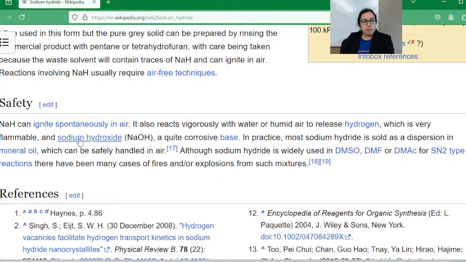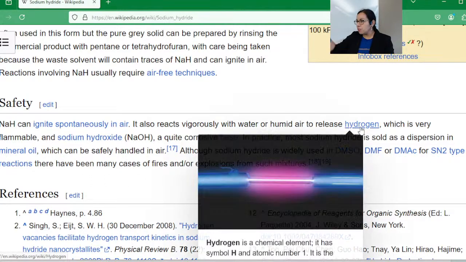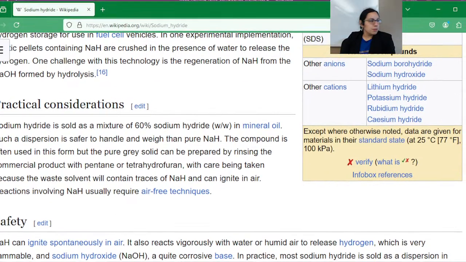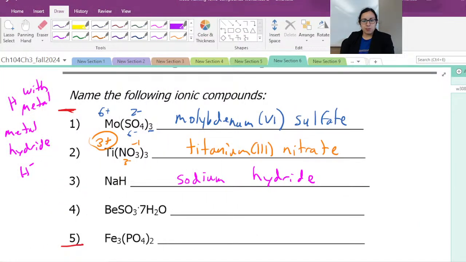And so then it makes sodium hydroxide, of course, after it reacts with water. And then it releases hydrogen. And so that hydrogen released is actually what makes sodium hydride fires or any sort of metal hydride fires dangerous. So again, going back to the hydrogen storage. If it's reacting and on fire, then you have the extra hazard of hydrogen being released, so that can cause more little mini explosions. So that was just a fun fact of sodium hydrides.